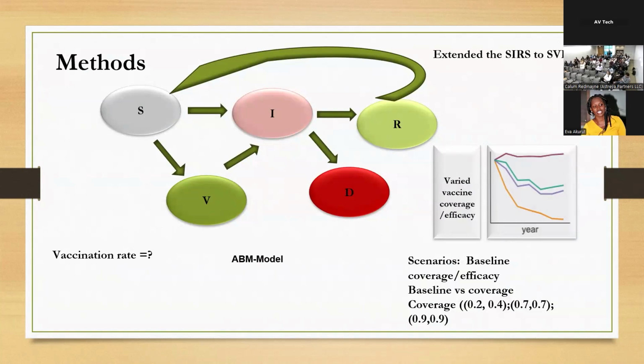For the coverage, we considered 20% coverage at a vaccine efficacy of 40%, and then we went ahead and also simulated if we increase the coverage to 70% and maintain the efficacy at 70%, then if this was increased further to 90%.